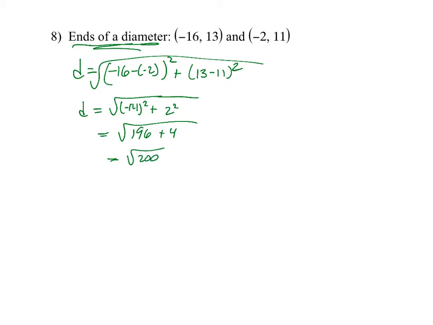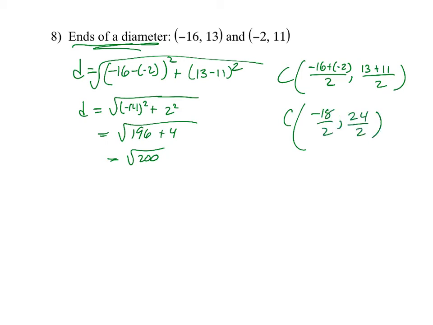Now the midpoint, or the center of the circle, is going to be negative 16 plus negative 2 divided by 2, and 13 plus 11 divided by 2. So the center is going to be negative 18 divided by 2, 24 divided by 2, so it is negative 9, 12.